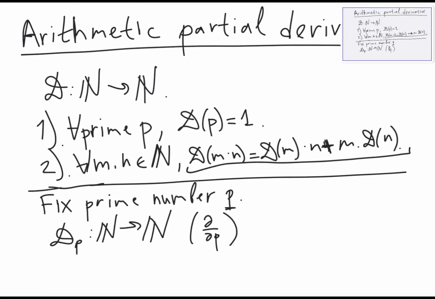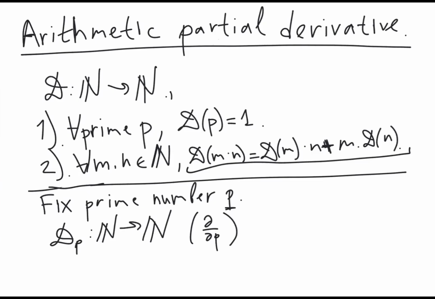The notation for the arithmetic derivative is also sometimes d of n denoted as n prime, like this. And for the partial derivative it's like this.